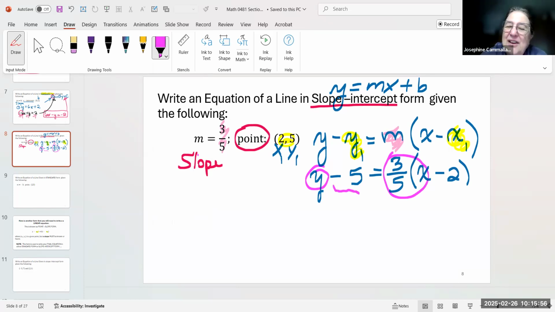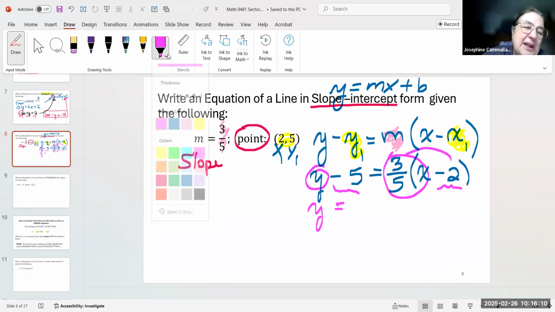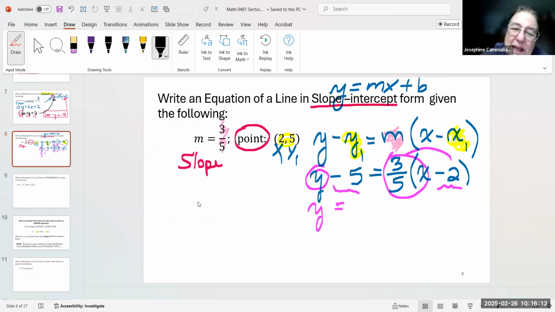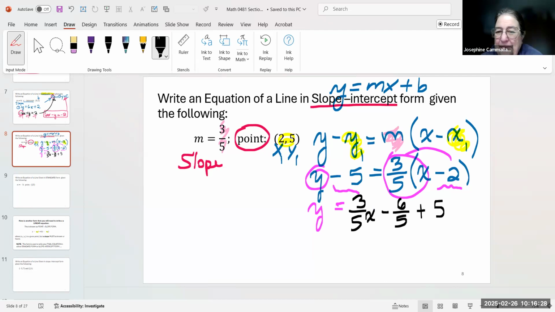But this 5, and when I distribute, I've got to put those together, which means this is y equals, and I'm going to distribute. This is going to give me 3/5 x minus 6/5 plus 5.